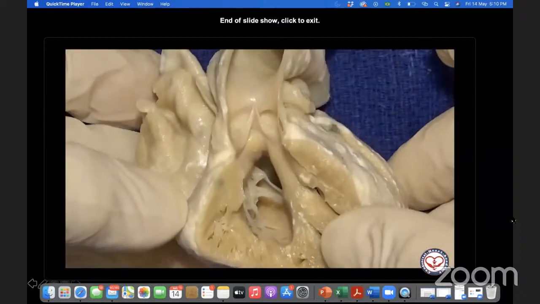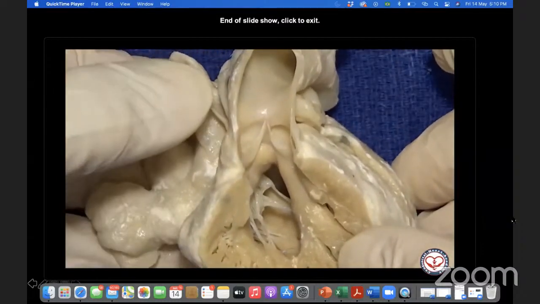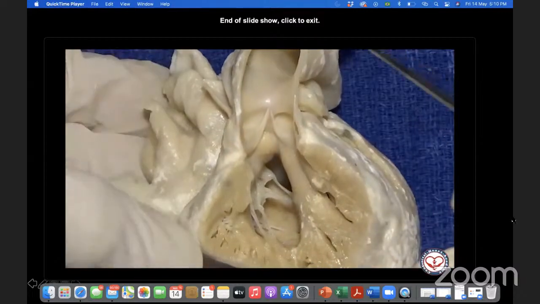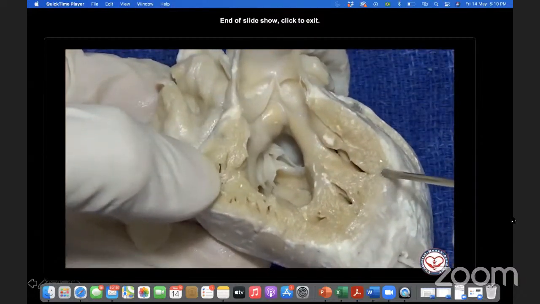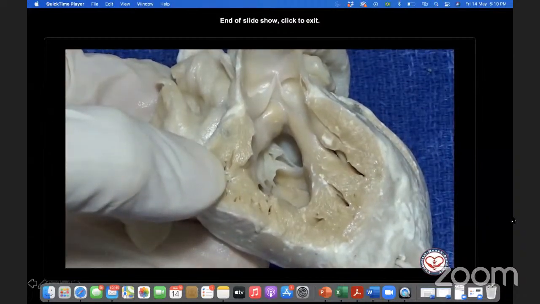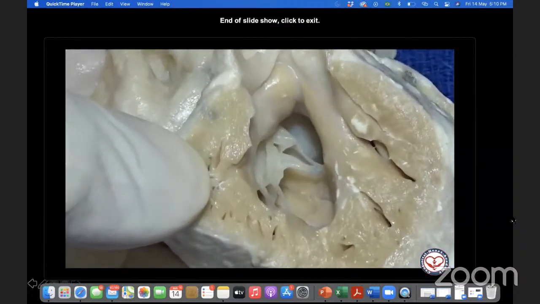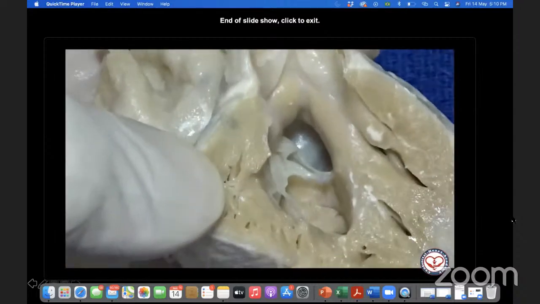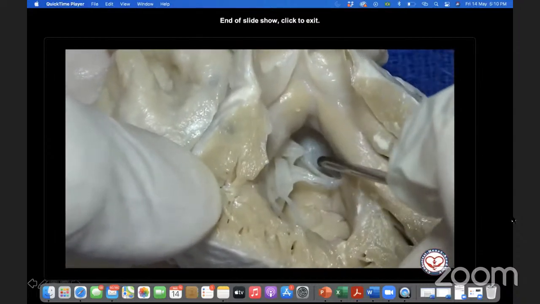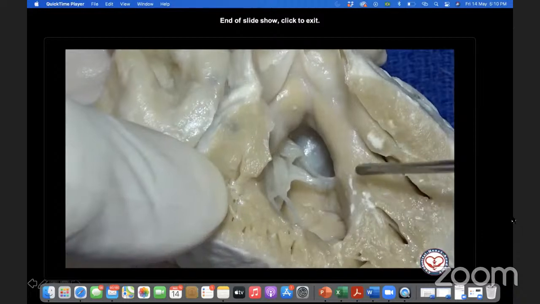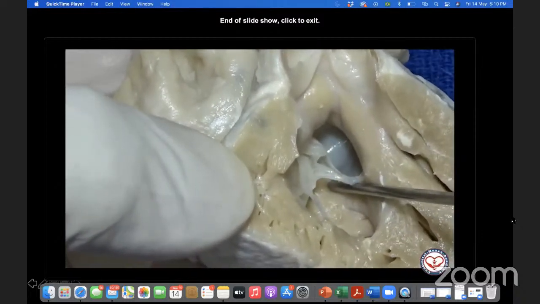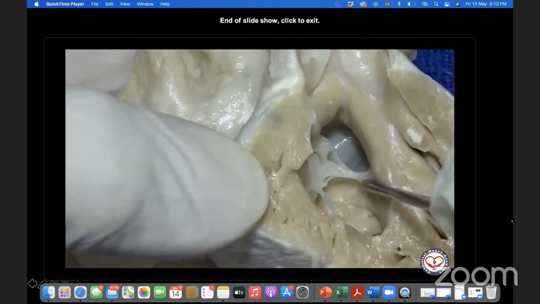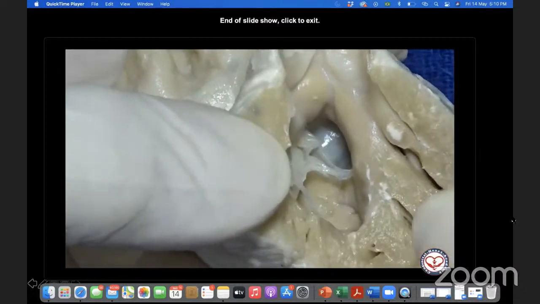This specimen has the aorta arising immediately anterior to the pulmonary trunk and has an outlet perimembranous ventricular septal defect. This ventricular septal defect is fairly large, and it lies between the limbs of the septomarginal trabeculation. So here is its body with the cephalic arm and the caudal arm, with the medial papillary muscle arising from the caudal arm.